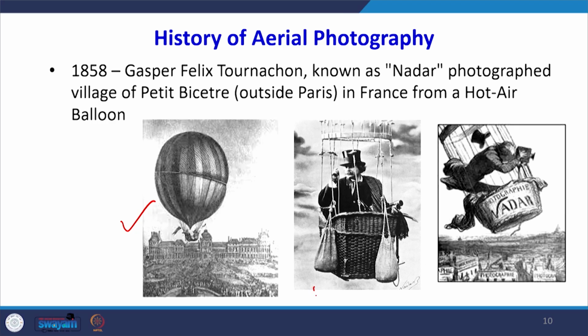So, there was a basket, as you can see here at the bottom of this big hot air balloon, and the photograph was taken with the help of the camera. The axis of the photograph was also tilted because, because of the stability of the balloon, it was difficult to keep the camera axis vertical.